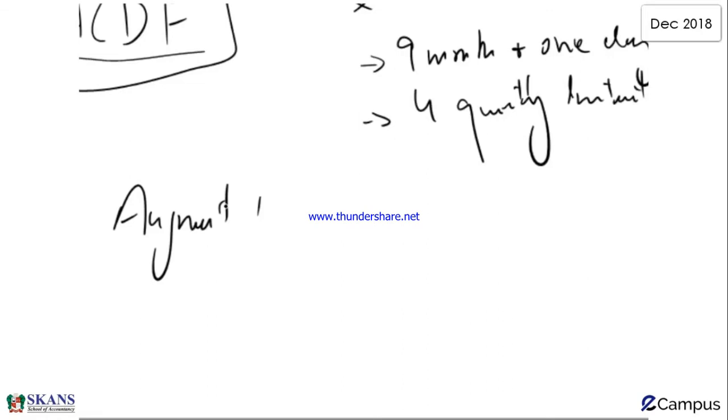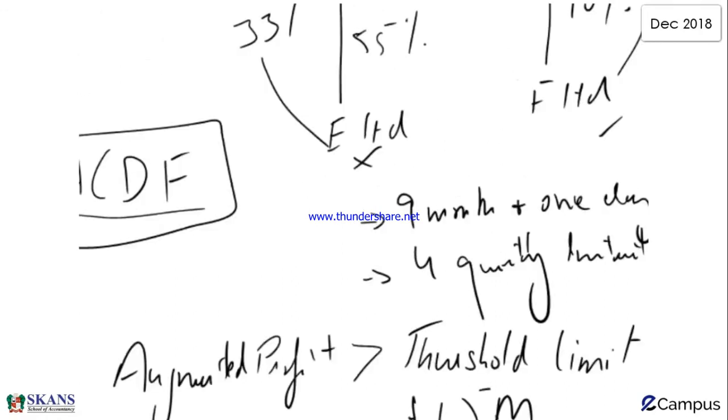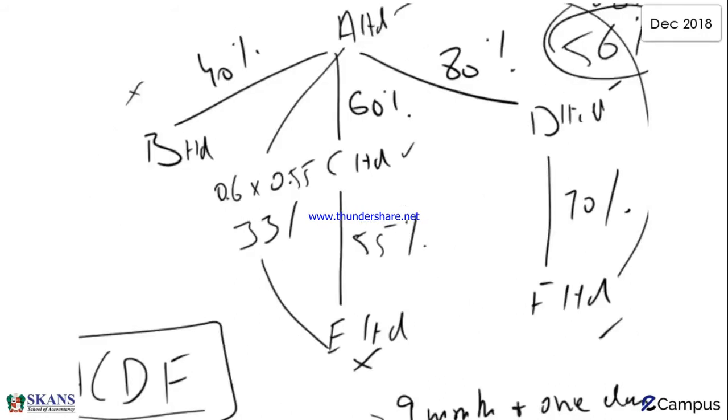of more than threshold limit, which is usually 1.5 million pounds, but not for those companies which are operating in 51% groups. Because over here, for A, C, D, F, we are going to divide this limit. For any of A, C, D, F, corporation tax threshold limit would be 375,000.